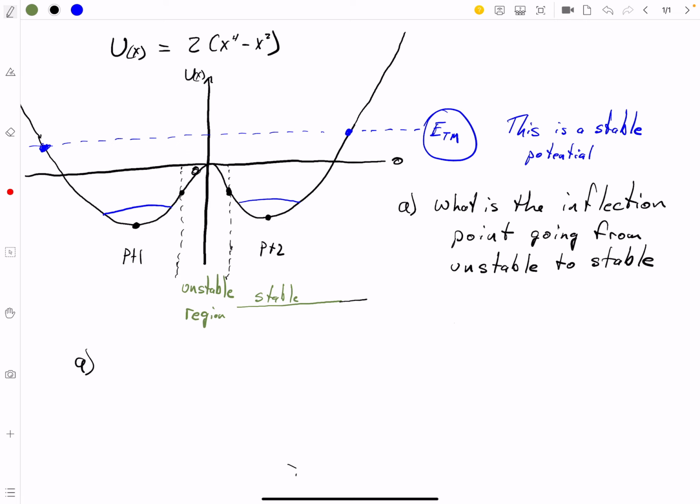You can see, there it is, okay? But how do we find that inflection point? It's not terribly hard. We're going to do the derivative of u of x with respect to x. The first derivative, we're going to just put this 2 out front. 4x cubed minus 2x.